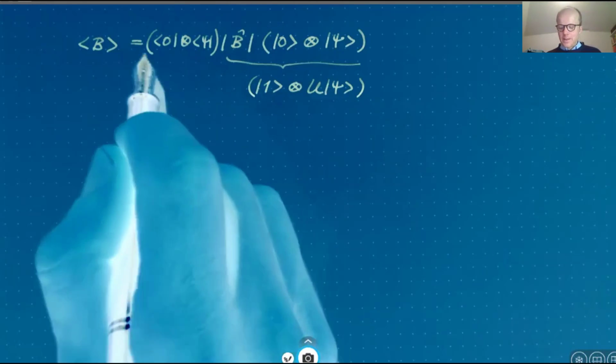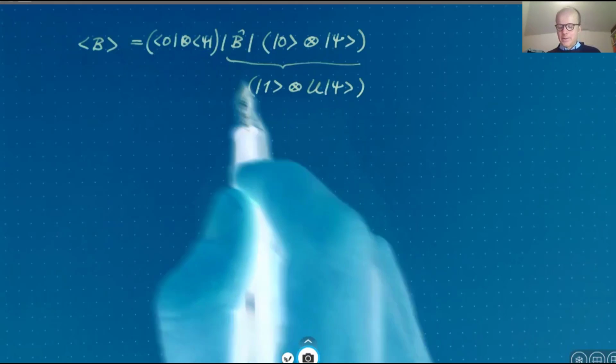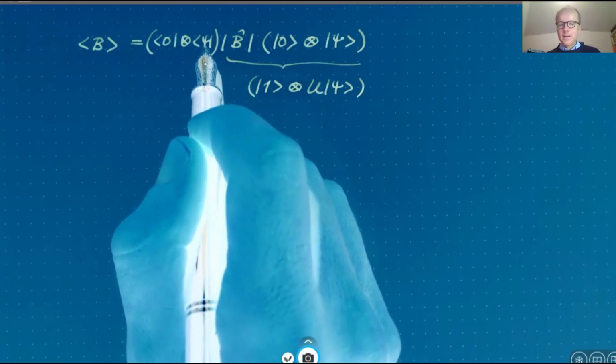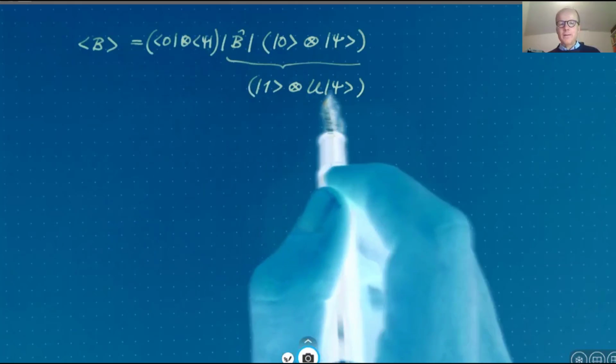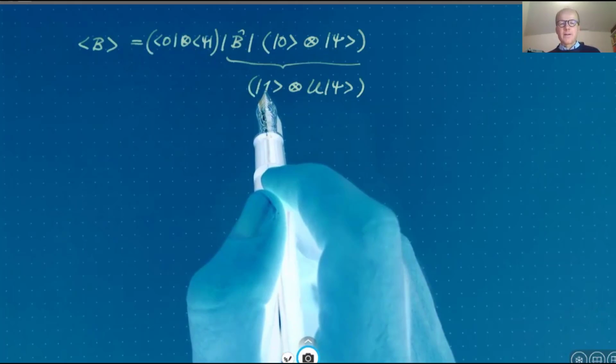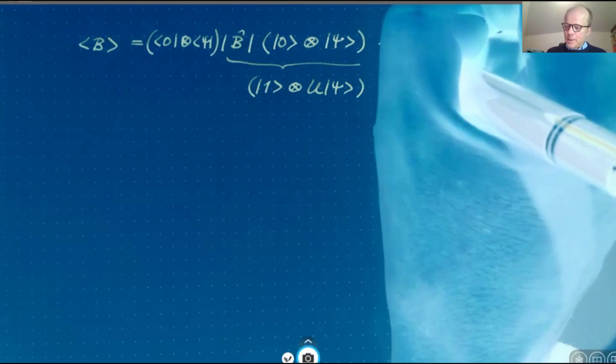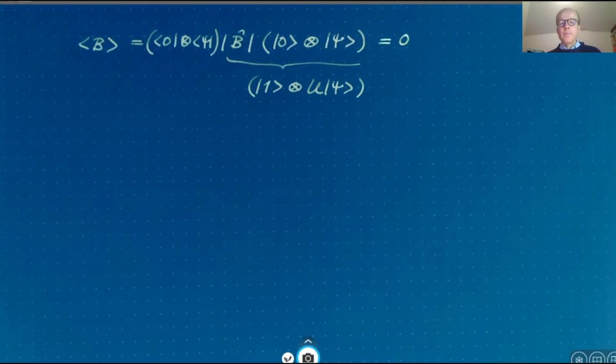So you have the scalar product of 0 with 1 times the scalar product of psi with U psi. 0 and 1 are orthogonal basis states, so their scalar product vanishes. And this means that the expectation value of B is 0.